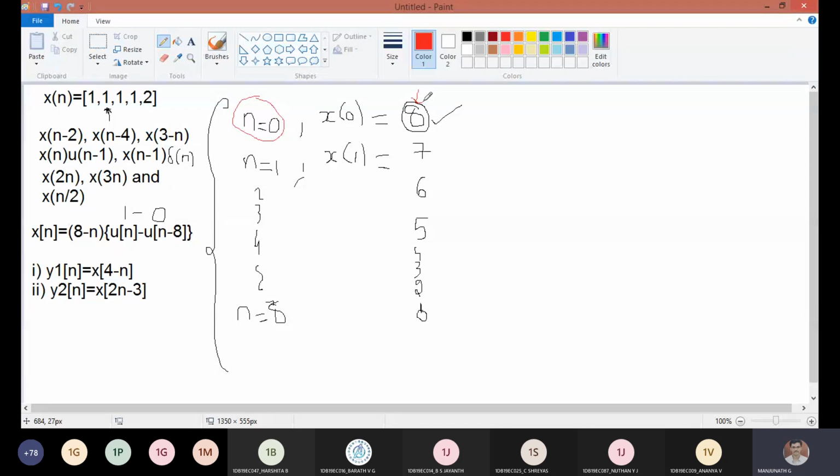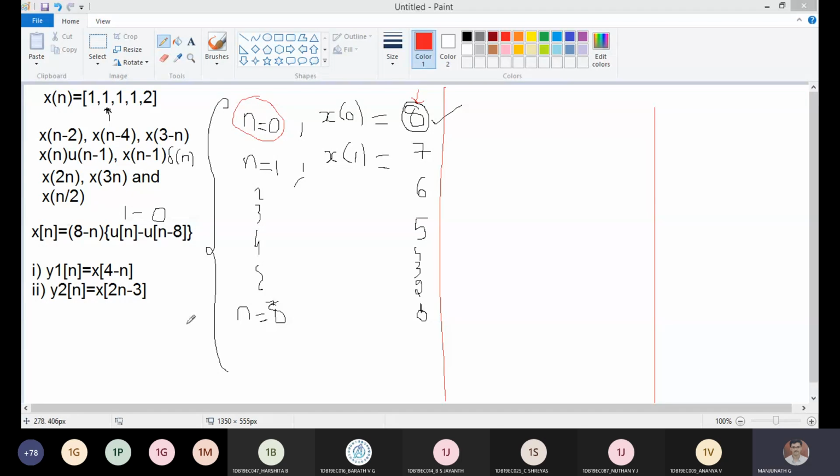Okay, so now trace it. How does your x of n signal look like? Negative ramp, sir.